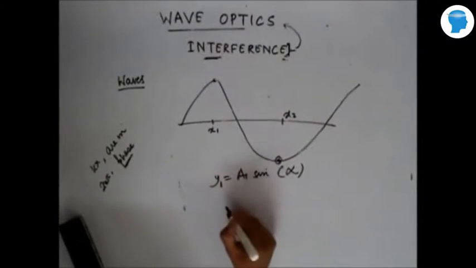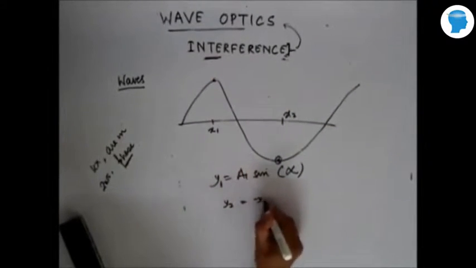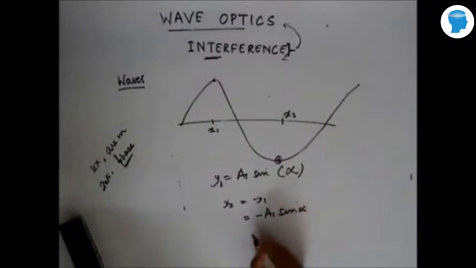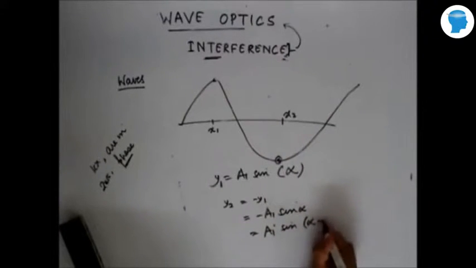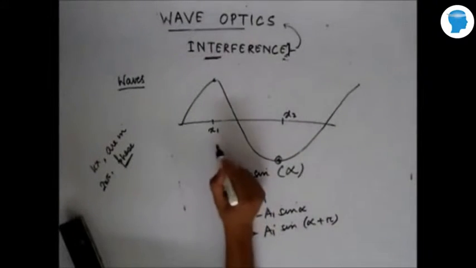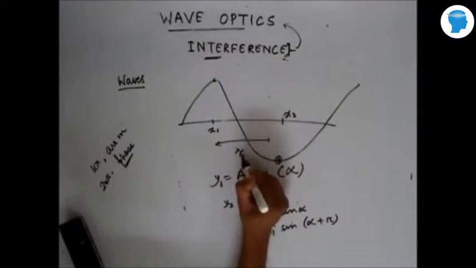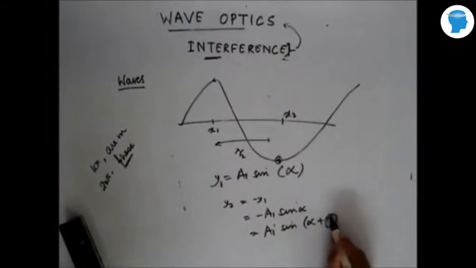So if I write this as y1, y2 is minus y1, or I can write y2 as minus a1 sine of alpha. Now I can write this also as a1 sine of alpha plus pi. So you can very well see that moving ahead a distance of lambda by 2 is equivalent to adding a phase of pi.